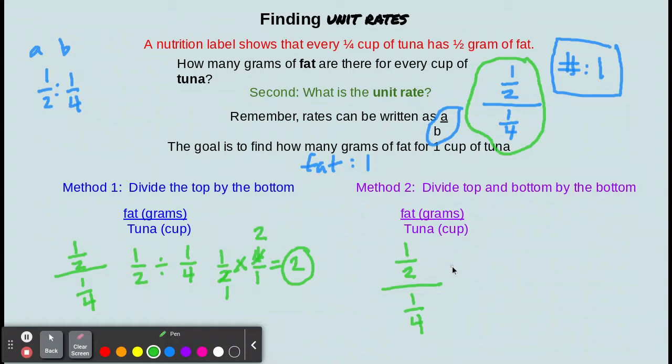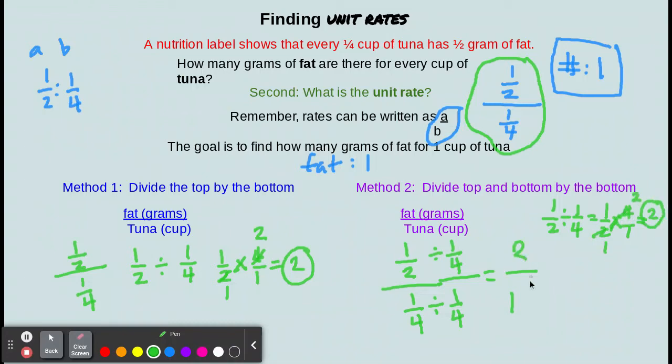So if we divide the bottom by 1/4, and we divide the top by 1/4, what's 1/4 divided by 1/4? 1. And what's 1/2 divided by 1/4? 1/2 divided by 1/4 is the same as 1/2 times 4/1, which is the same as 2.